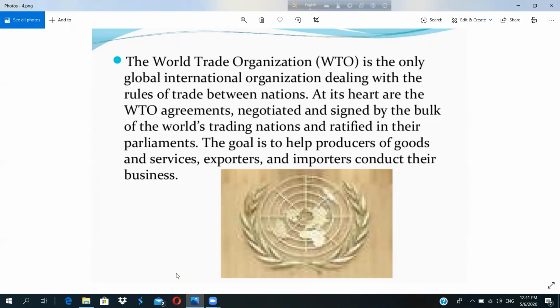The goal is to help producers of goods and services, exporters and importers to conduct their businesses. So the main purpose of WTO is to expand international trade and bring welfare across the countries, across the globe.